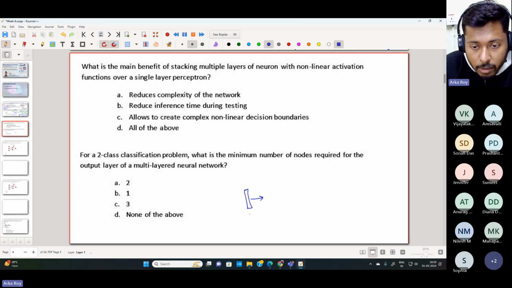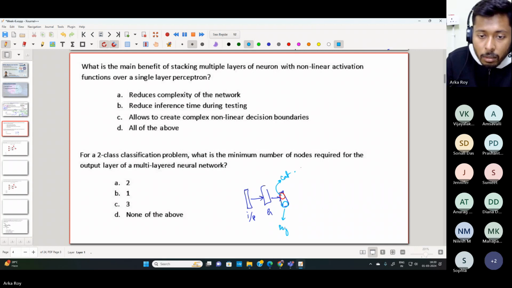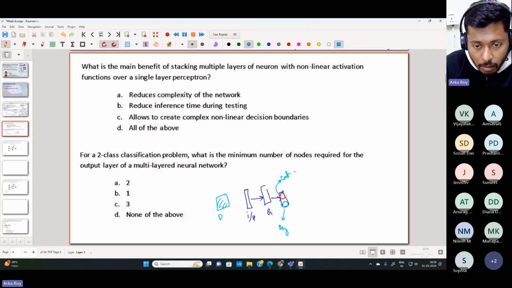This is your input layer, this is your hidden layer, and this is your output layer. Let's say you have two neurons. This belongs to dog class, and this belongs to cat class. And the image belongs to dog class.